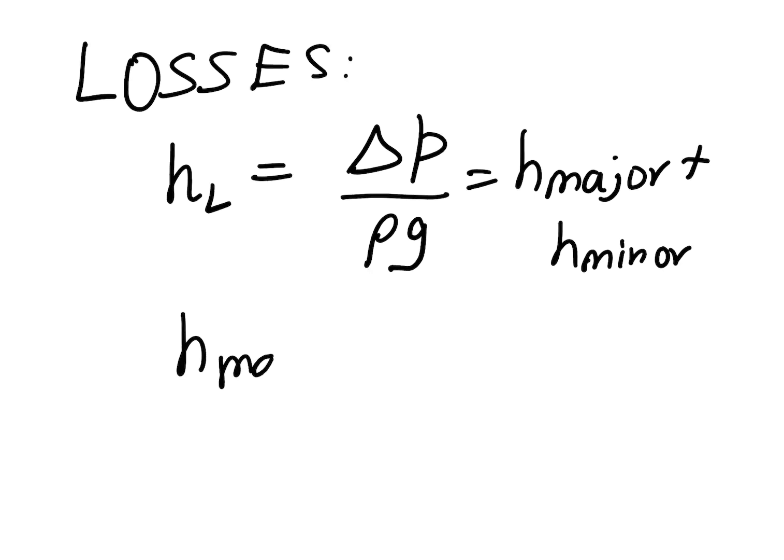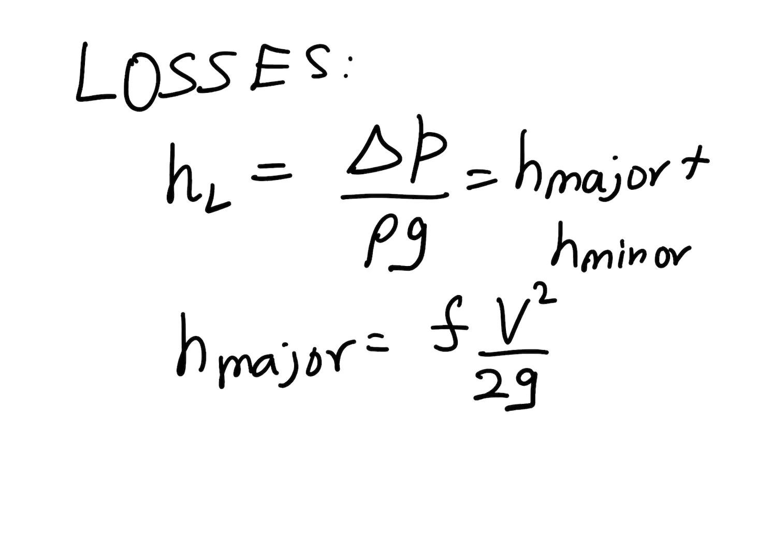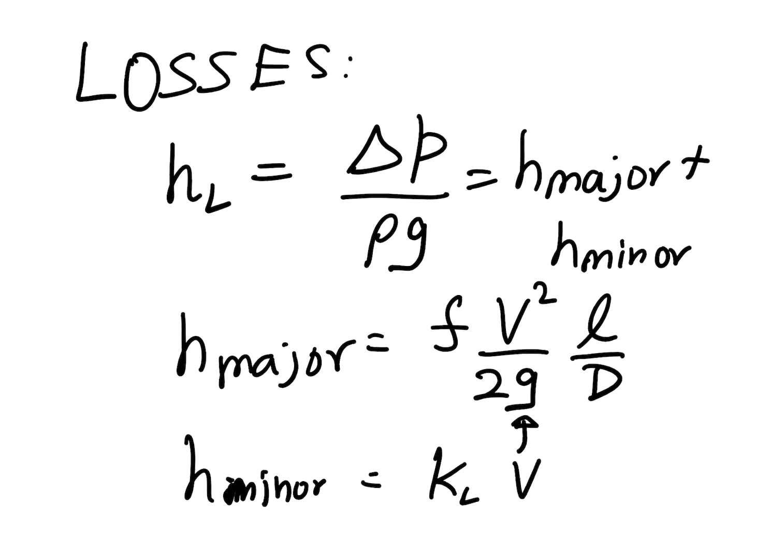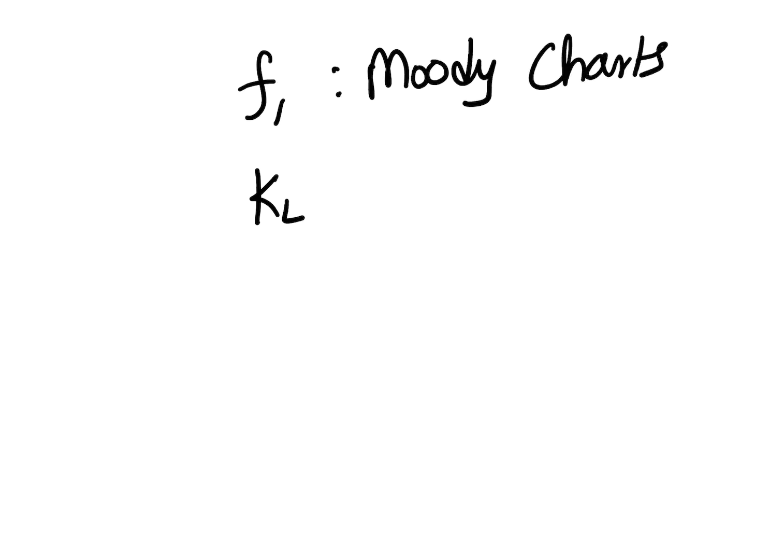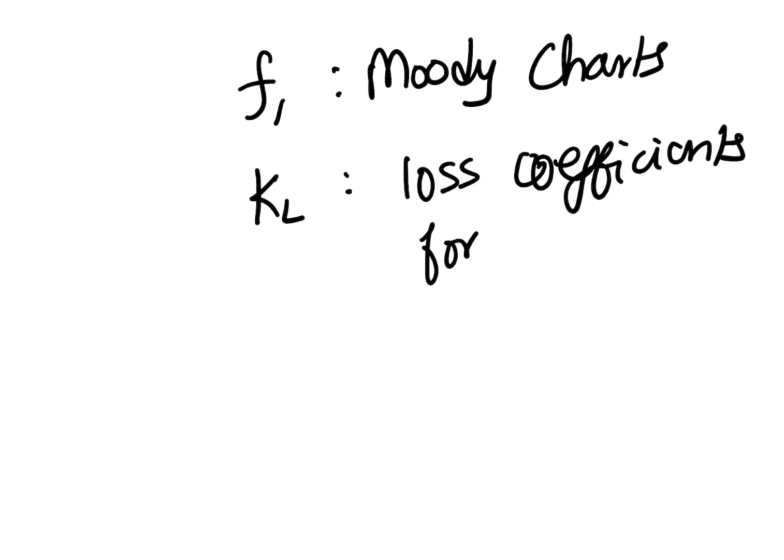The major loss is written as f times V squared by 2g, this is the g I left out, times L over D. And minor loss is KL times V squared over 2g. f and KL are tabulated. f is tabulated as Moody charts and KL is tabulated as loss coefficients for various devices.